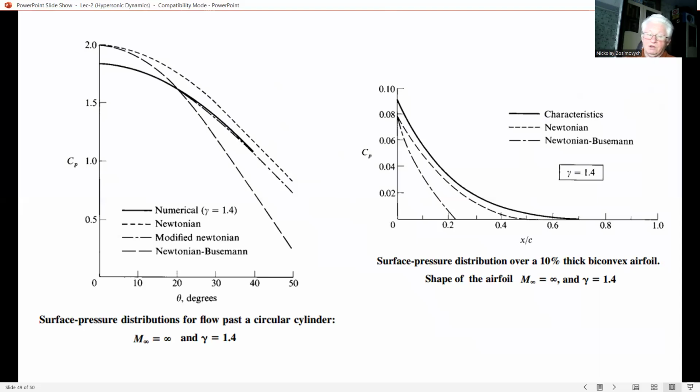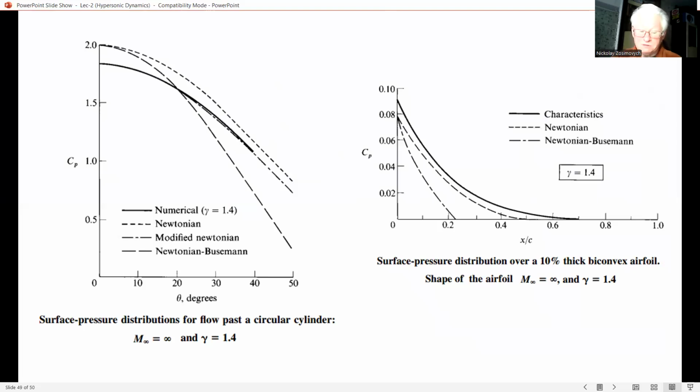So, in light of the results shown in both figures, we conclude that the centrifugal force correction to Newtonian theory, while correct from the point of view of theoretical mechanics, is simply not valid for practical application.